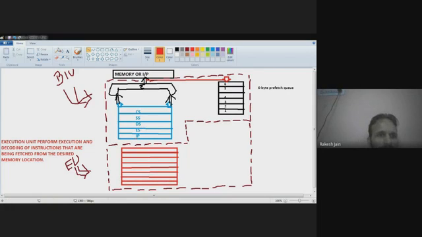Okay, so I just decrease the font size so that I can write down the names of those registers easily.